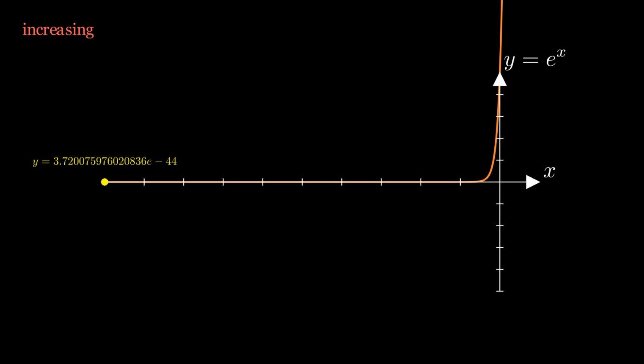So when x is -100, e to the -100 is this number with the e minus 44. I don't know if you remember, but that means that this is actually 0.0000 with 44 zeros, then 372, and so on. So it's practically 0, but it's not exactly 0.